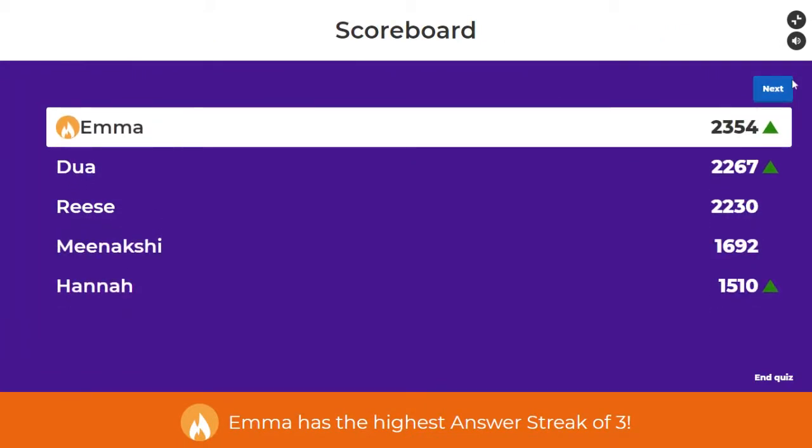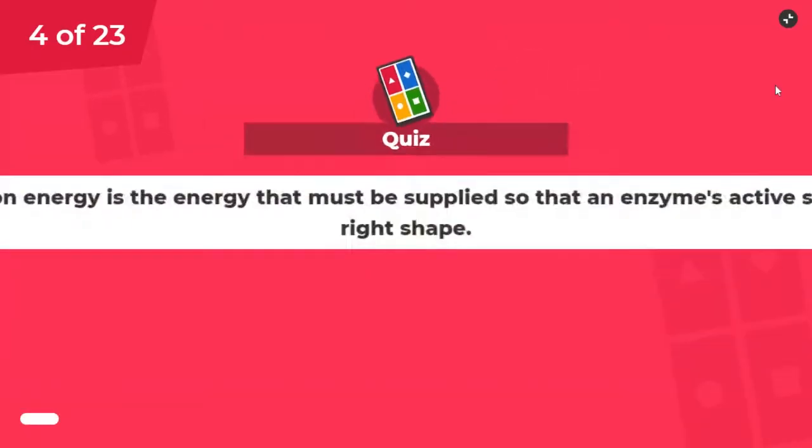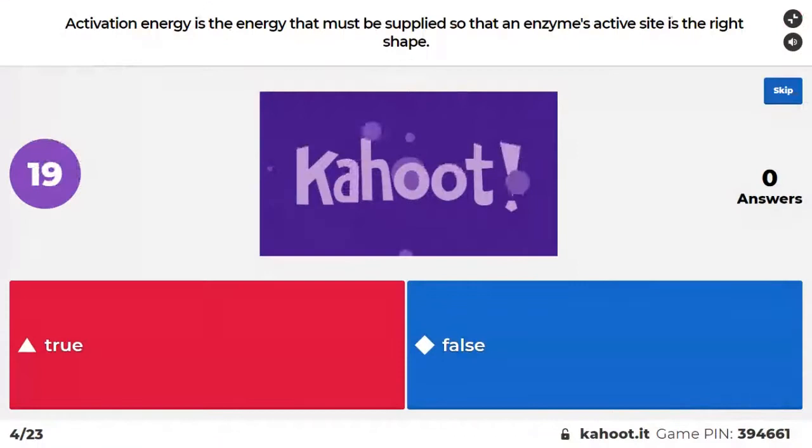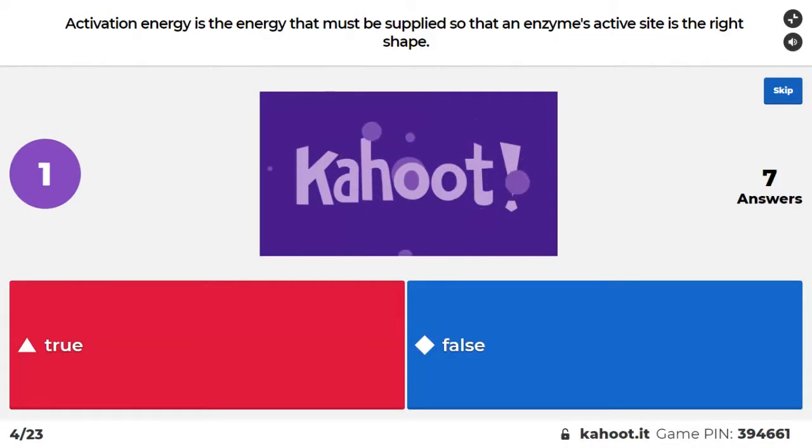Oh, Emma's on fire. Think about this one. Yeah, that was false.